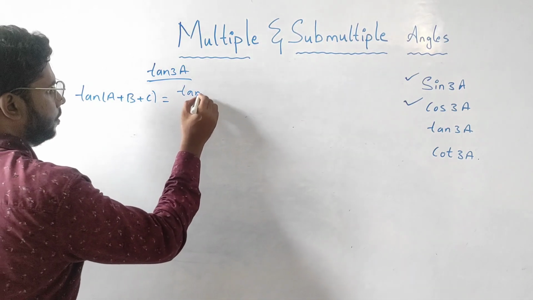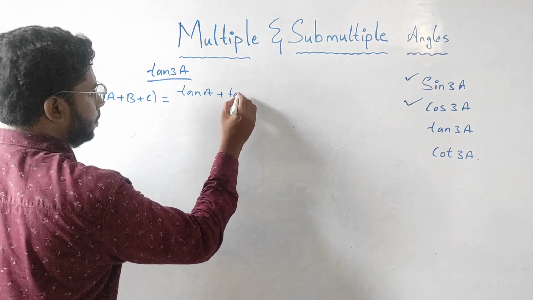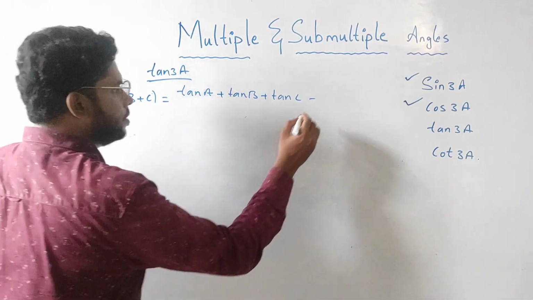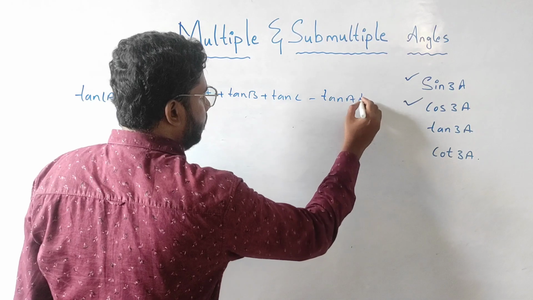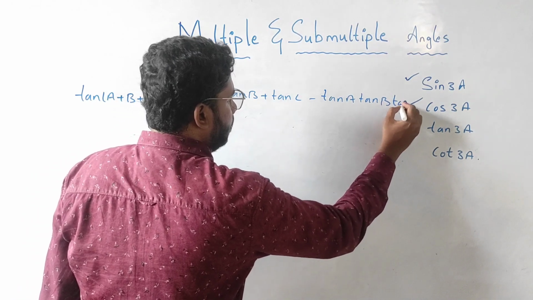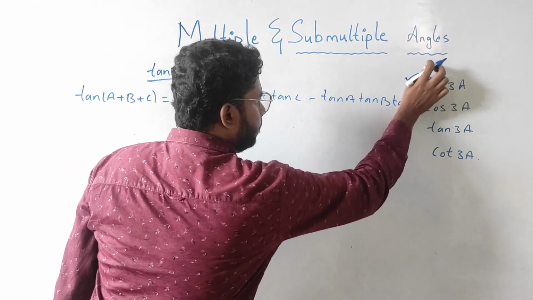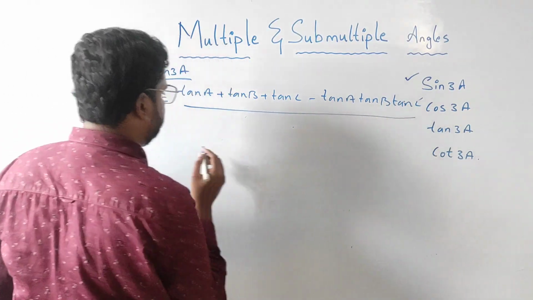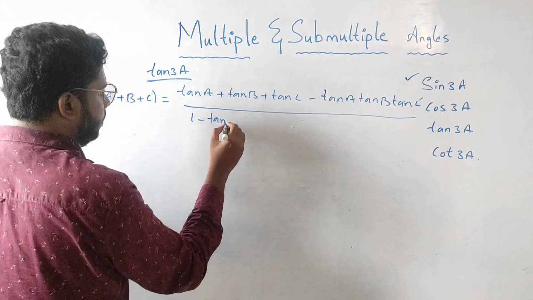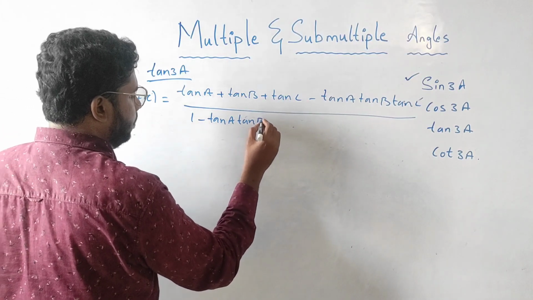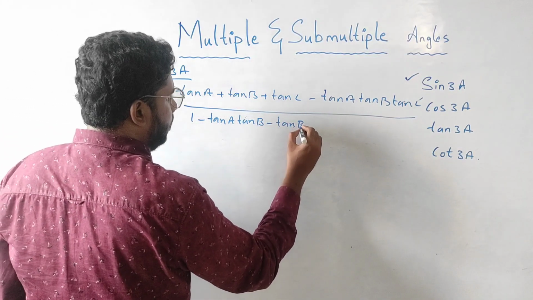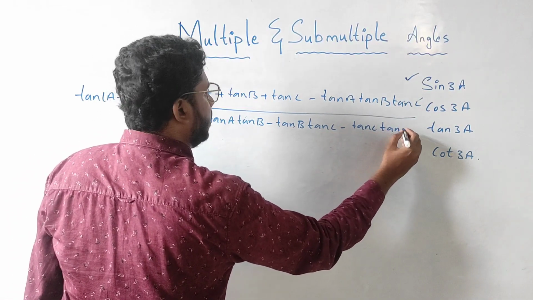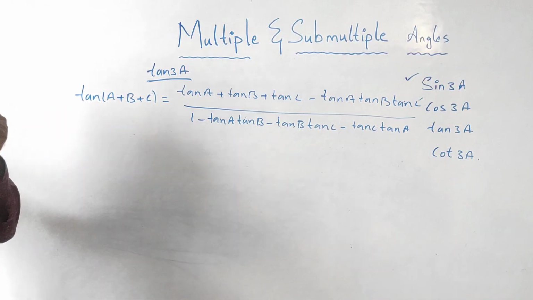It is tan A plus tan B plus tan C minus tan A tan B tan C, divided by 1 minus tan A tan B minus tan B tan C minus tan C tan A. So this is the formula of tan of A plus B plus C.